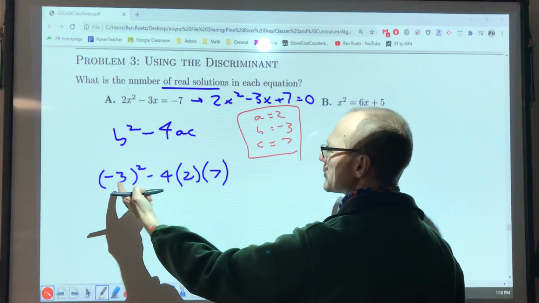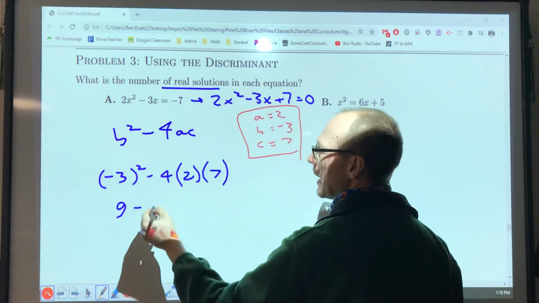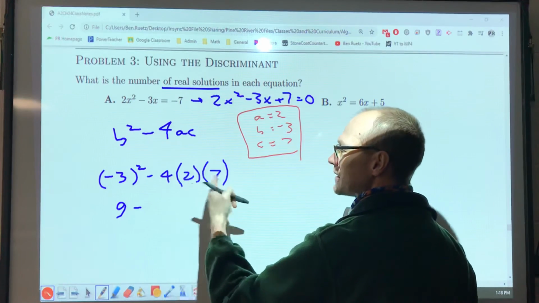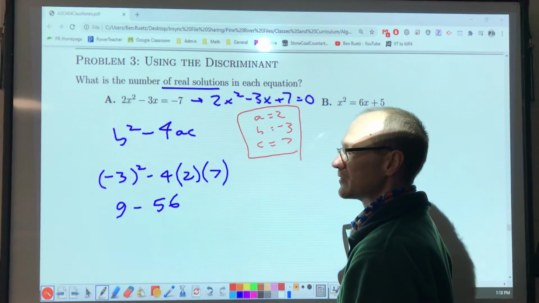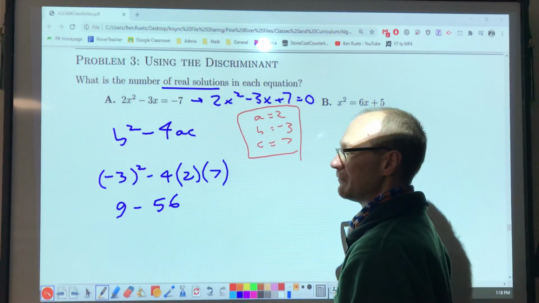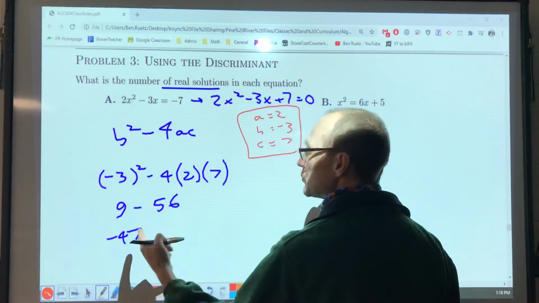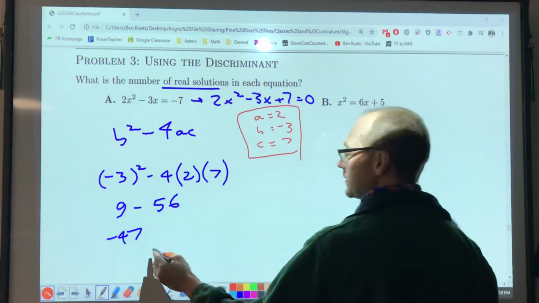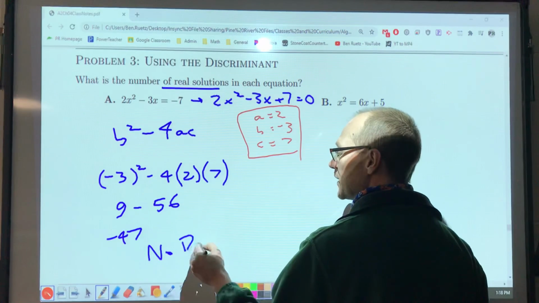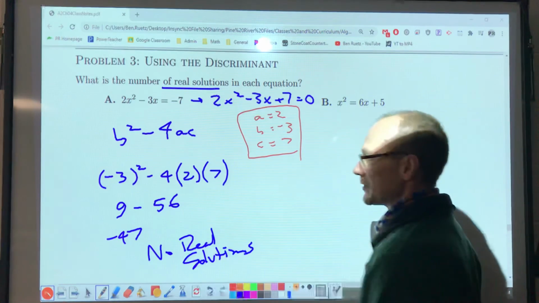This right here is 9 minus, what is that, 8 times 7, 56. 9 minus 56, let's see, wouldn't that be negative 47? So I believe I have negative 47. So that means my discriminant is negative. If my discriminant is negative, then that means no real solutions. And that's how you can process through that.